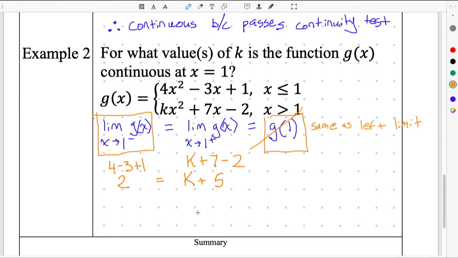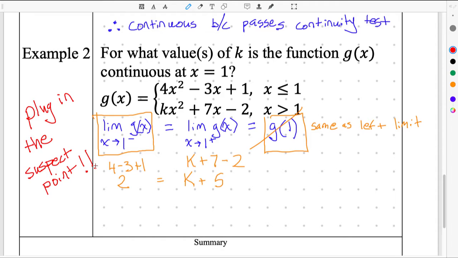Exactly. We plugged into this second equation. It's so important that I think I'm going to write it out here in red. Plug in the suspect point. That's all you're doing over and over again. All you're doing is plugging in the suspect point. You just have to figure out where to plug it in.